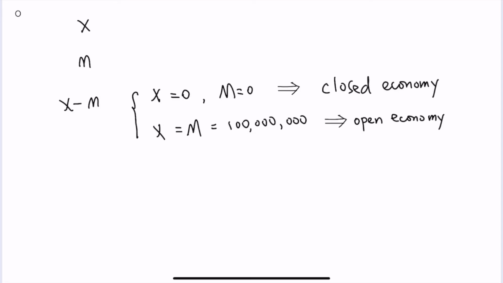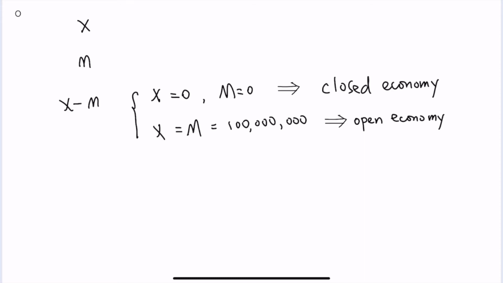But it could be another country that has its exports equal to its imports, so the net exports equal 0, but the value of the exports and imports both equal 100 million. So it is for sure an open economy. Again, this is not a good measurement.